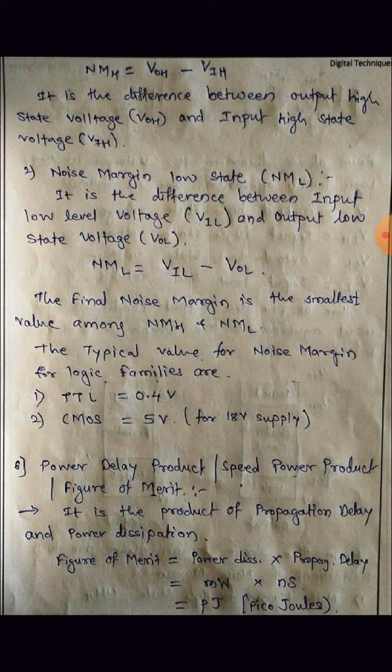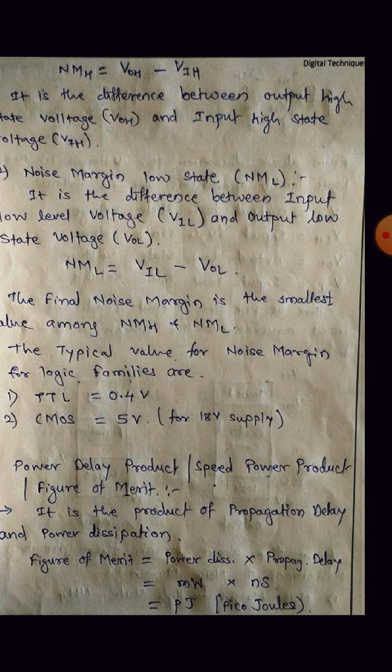Power dissipation is in milliwatt, propagation delay is in nanosecond. So the unit for figure of merit, the power delay product, is picojoules. I think all of you are clear about all the characteristics of logic family.